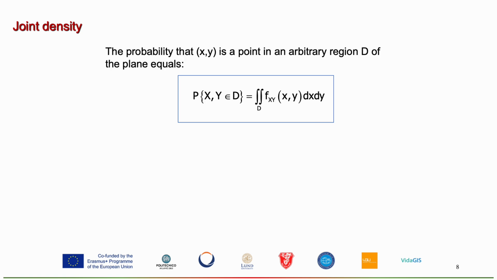Therefore, we can compute the probability that x, y are in an arbitrary region D of the plane by simple integration. The probability of x, y belonging to D is the double integral in x and y of the joint density function f xy.